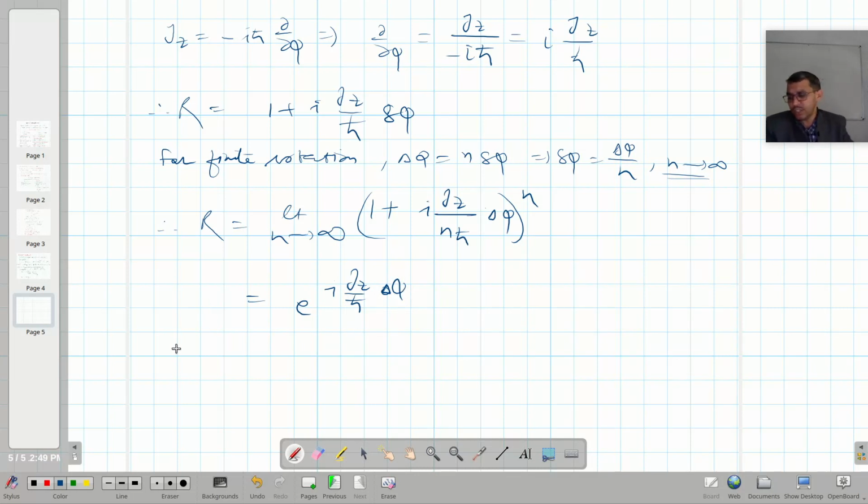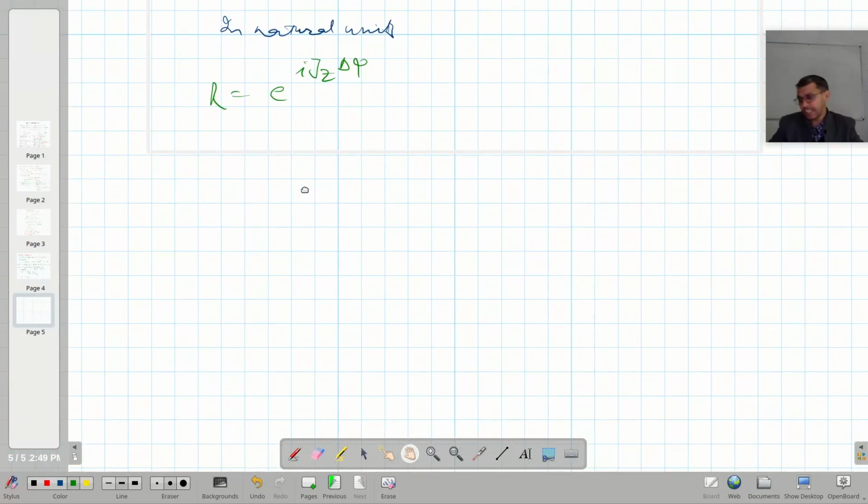And in natural units, we can write that R is equal to e raised to power iota Jz delta phi. And here R dagger R again comes out to be unity.